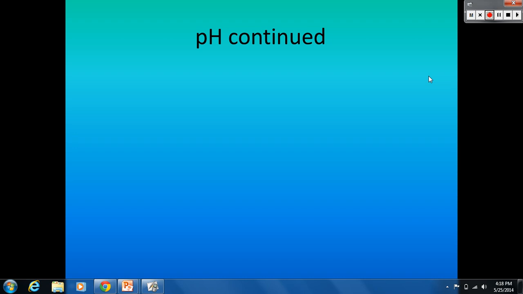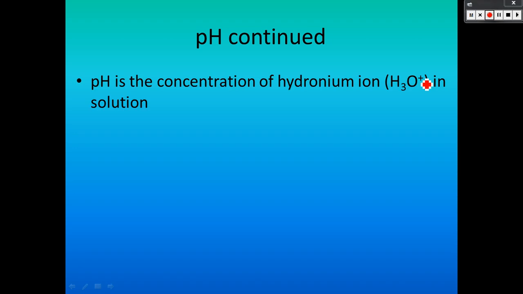pH continued. pH is the concentration of hydronium ion, and hydronium ion is H3O plus, in solution.